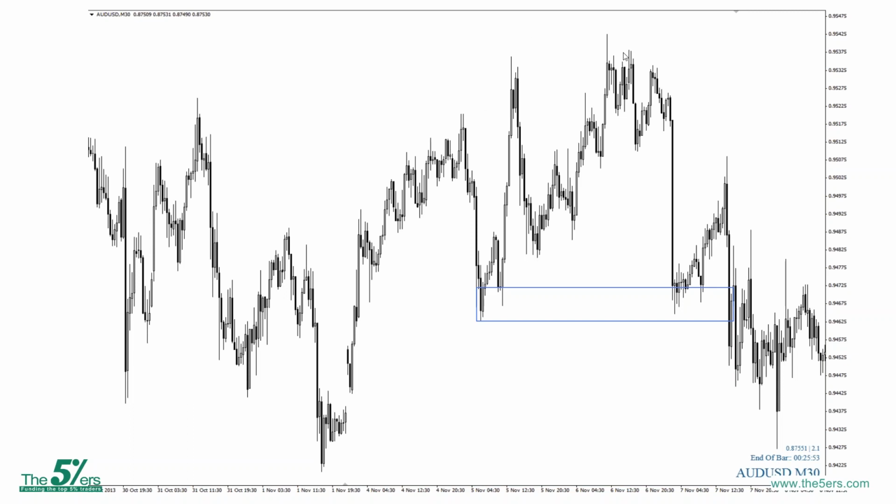Here's a fake out, and they're just taking stops from all the breakout traders, and we can actually make a lot of money just trading fake outs if we understand that. So if you bear with me on the series, you'll get a lot of concepts that may help you in the future.